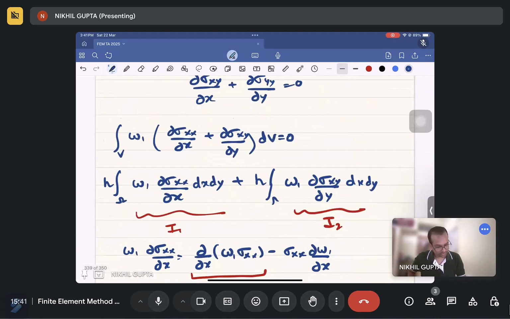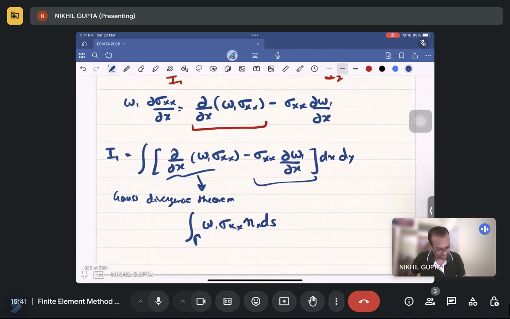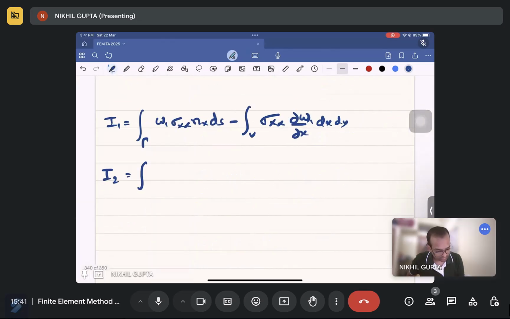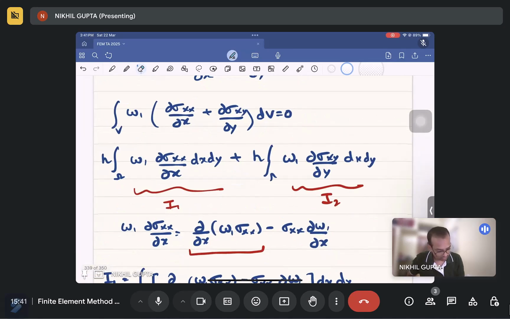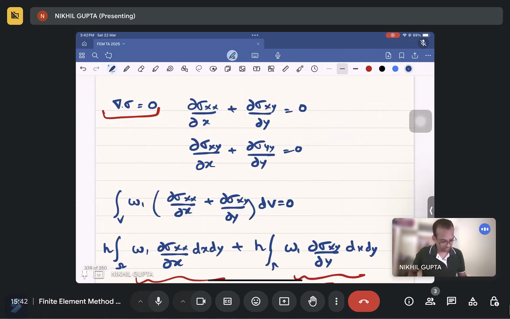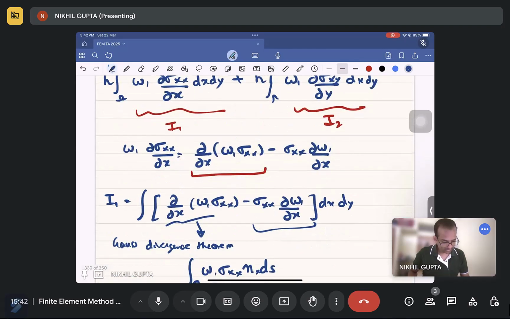So this you can directly add in the sigma xx term. If you see I2, you can write directly here. So this will be multiplied with h as well. Okay, this is done, I have included it here.